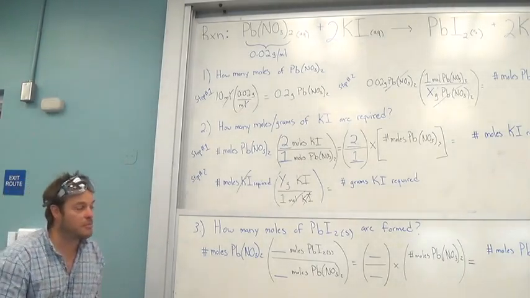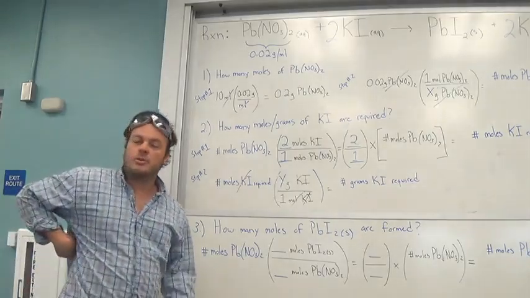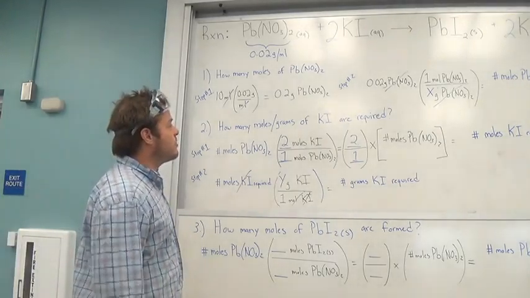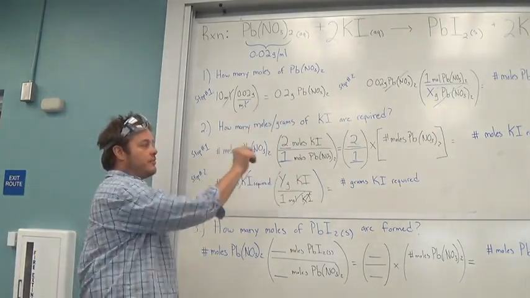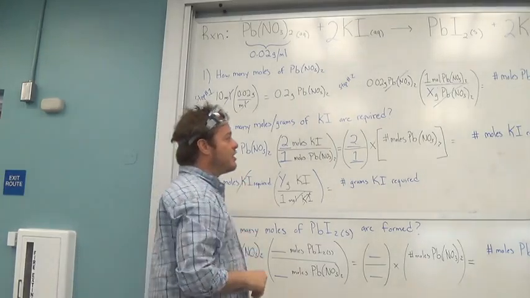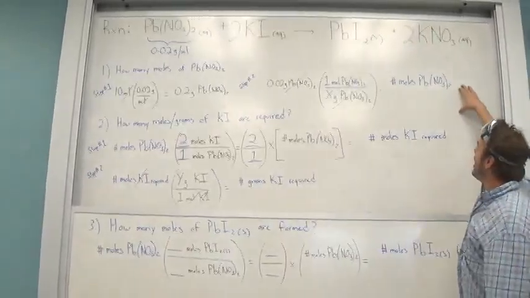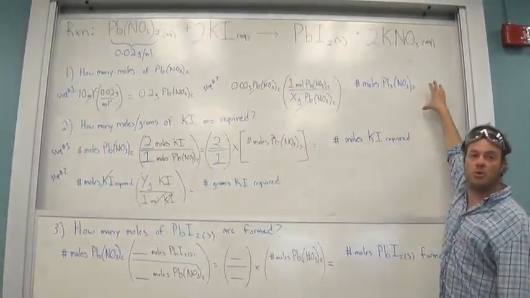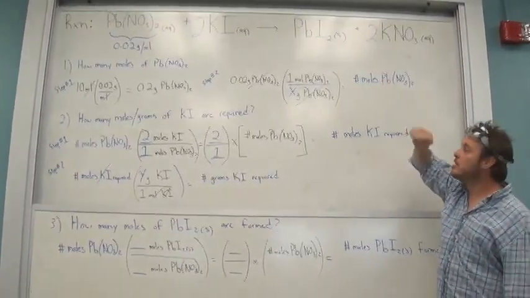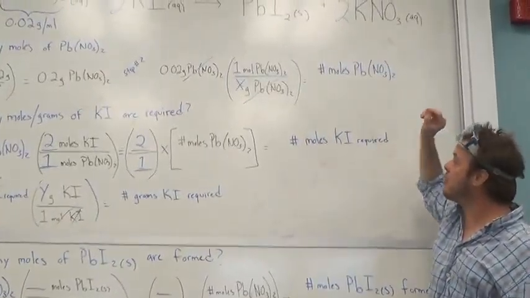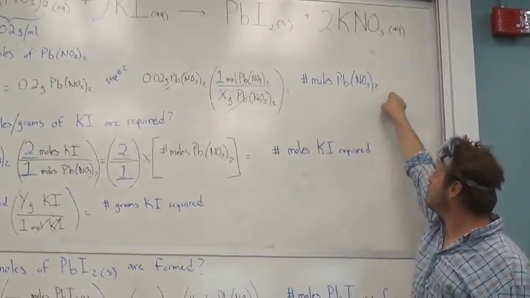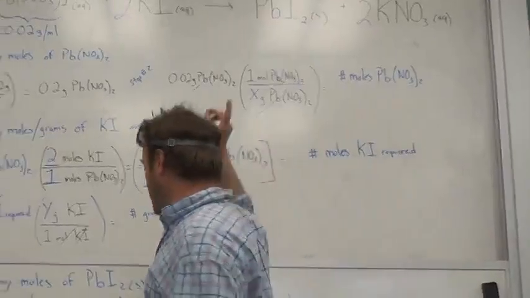The calculation gets a little bit more complex when we have a particular reagent that is limiting. But in this case, we've got exactly enough lead nitrate to react with the amount of KI that we have. And so we can use either one of these number of moles of reactants to figure out how much product gets formed. For this calc, I'm just going to take the number of moles of lead nitrate that we started with or that we've determined.